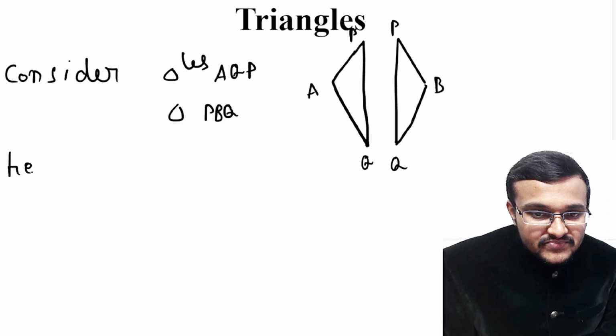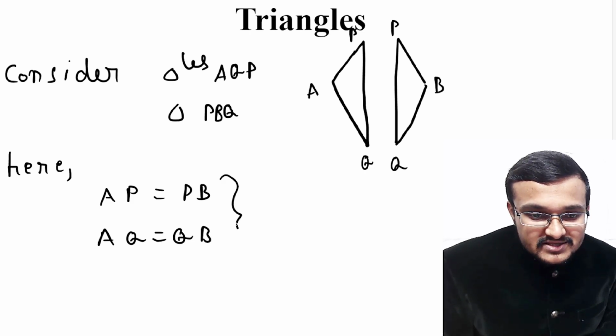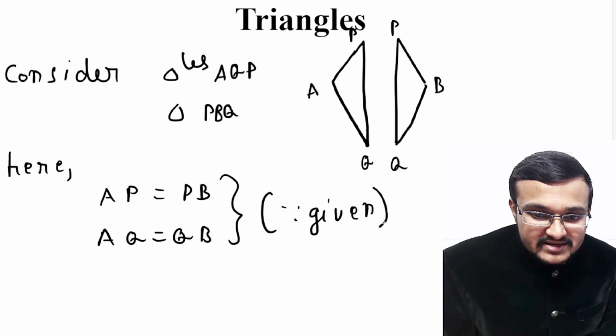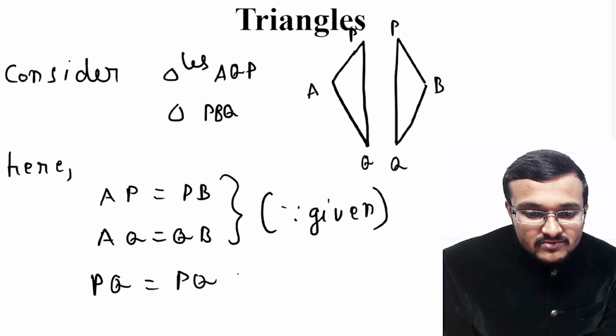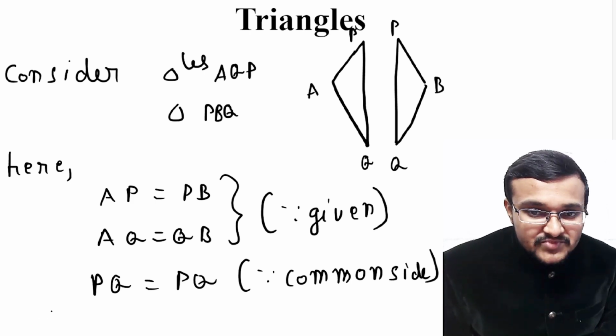In these two triangles, AP is equal to PB and AQ is equal to QB, because these are already given. And PQ is equal to PQ because PQ is a common side.